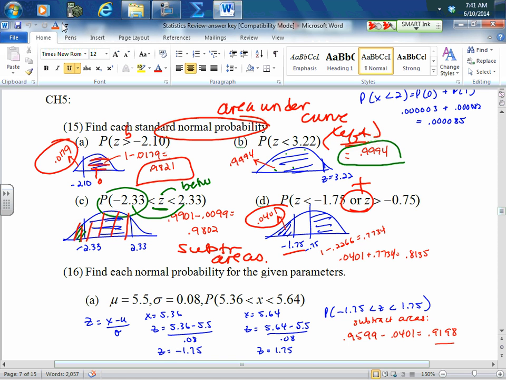This one is to the right. So you have to find negative 0.75, which is still on the left side of 0. Take that z-score and subtract it from 1. And then you can add them. Even when you add them, they should never come out greater than 1. Your total area under the curve is 1.